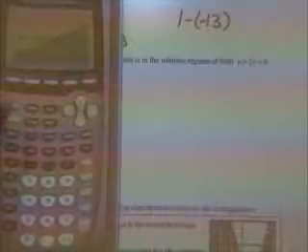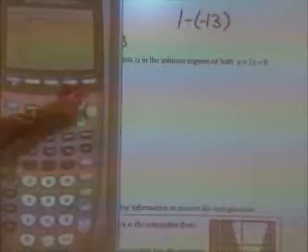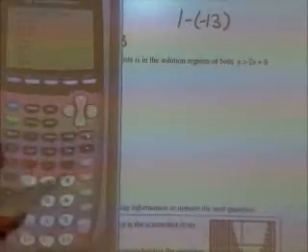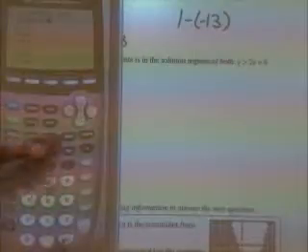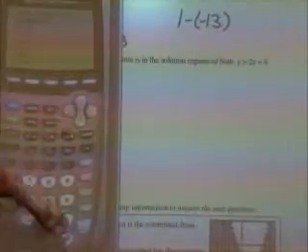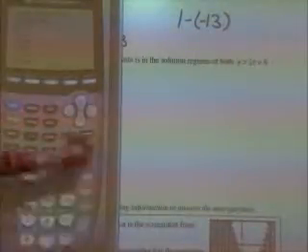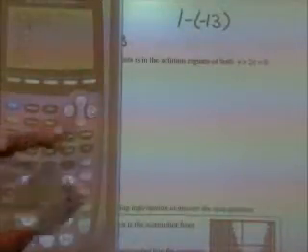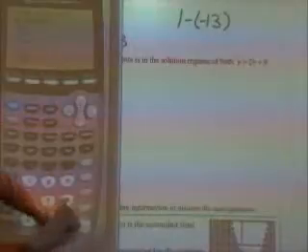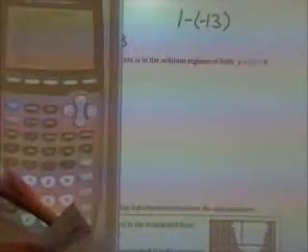So to see what that would look like, let's see. Y is greater than 2x, or not 2x, 2x plus 8. So 2x plus 8, and y has to be greater than that, so it's going to be the up arrow. And then I have y is less than, so that's the down arrow.